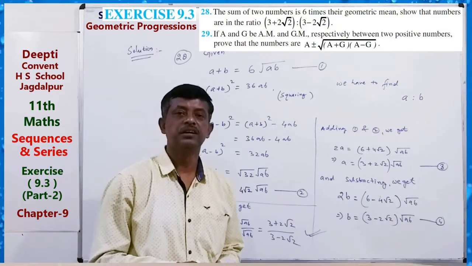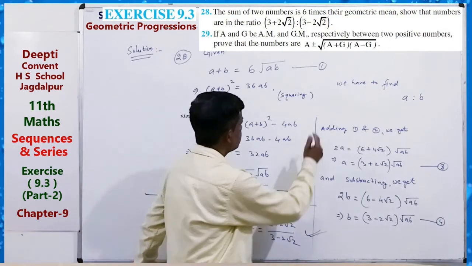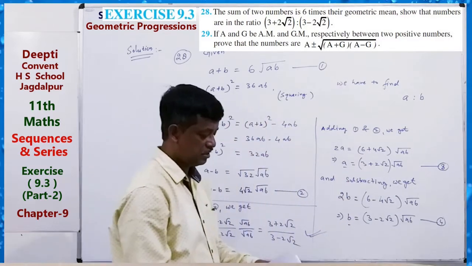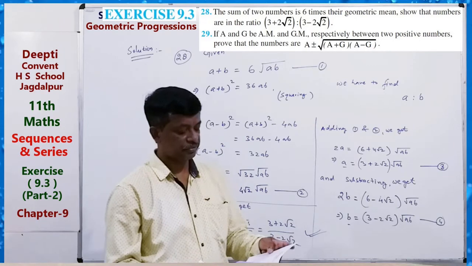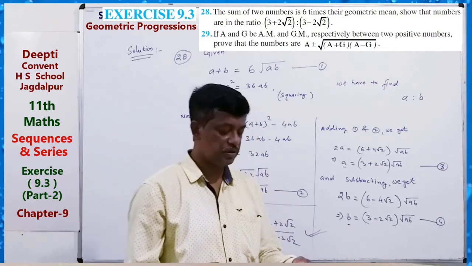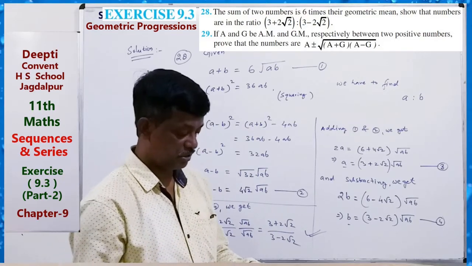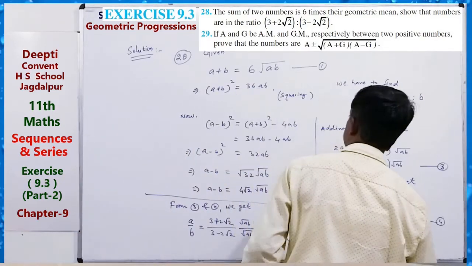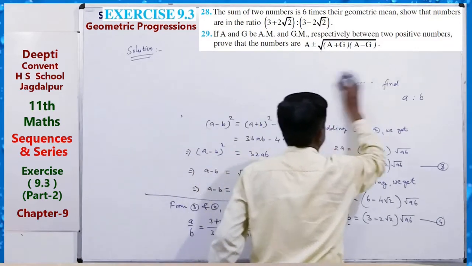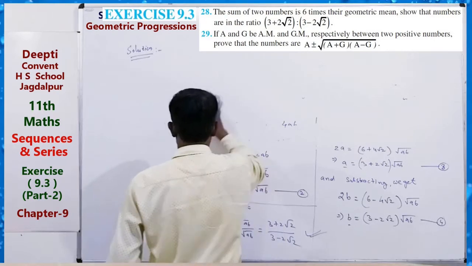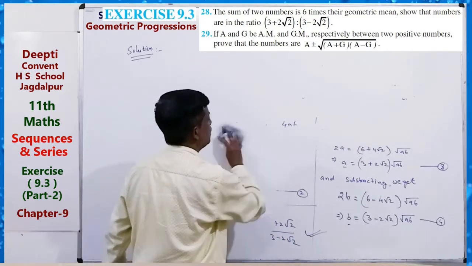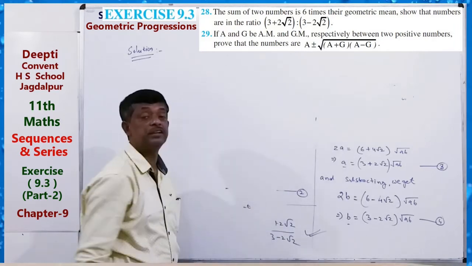Here you can find the numbers, just like here we get the values a and b. In 29, the arithmetic mean is capital A and the geometric mean is capital G of two numbers. So 29 is also similar to this type of questions. In question 29, we just have to find the numbers.